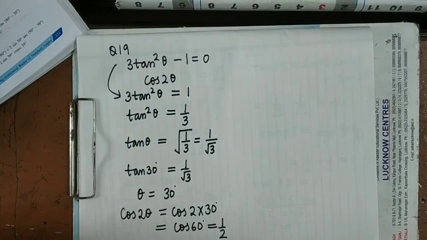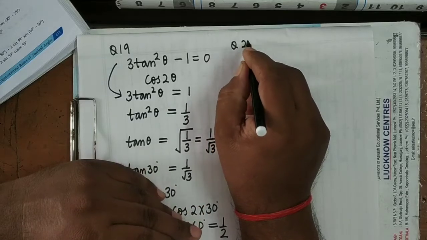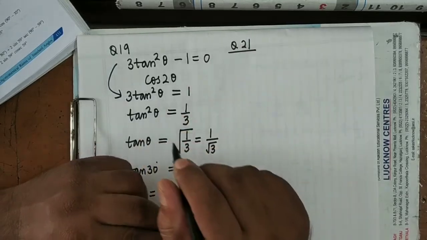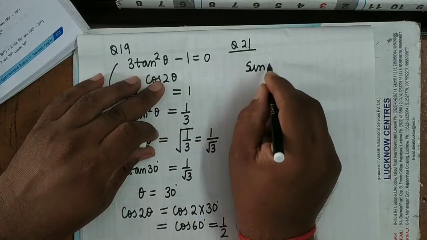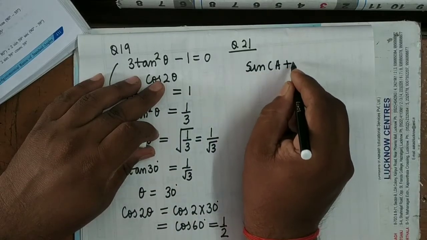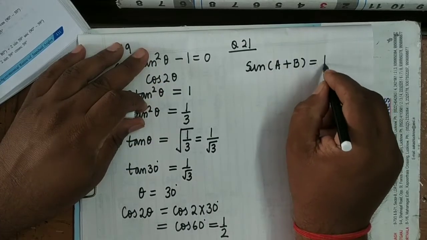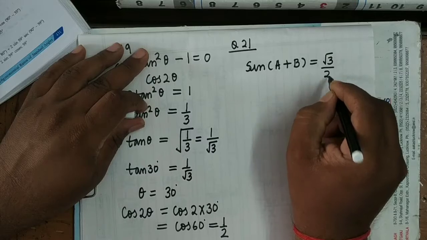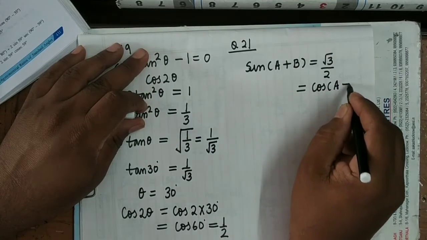Now question number 21. Of this type I have told you many questions. It is clear. Here it is given sin (A plus B) equals root 3 upon 2 equals cos (A minus B).